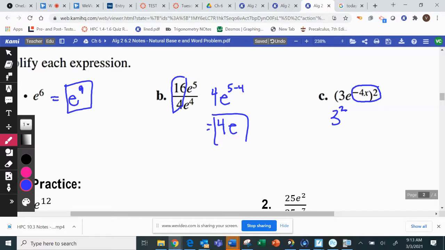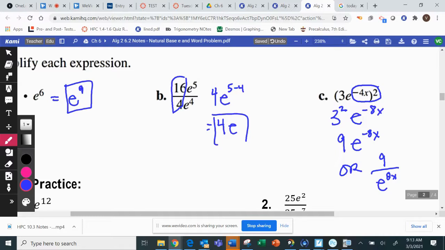So I'm going to multiply e to the negative 8x. So that'll be 9e to the negative 8x, which would also be 9 over e to the 8x. Okay?